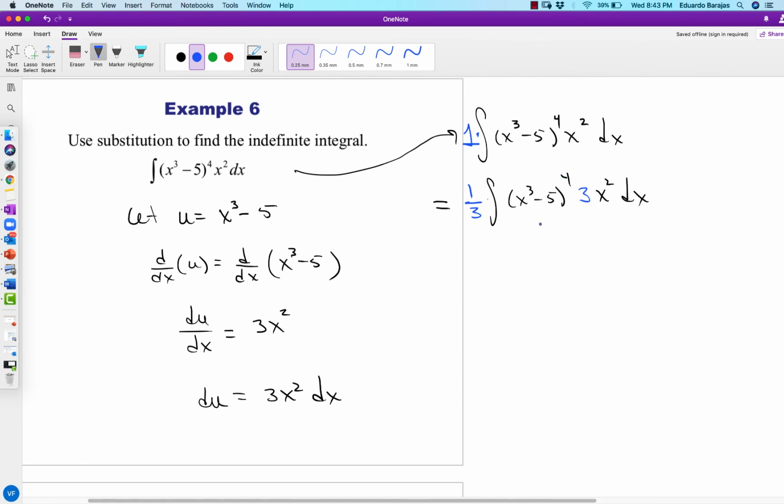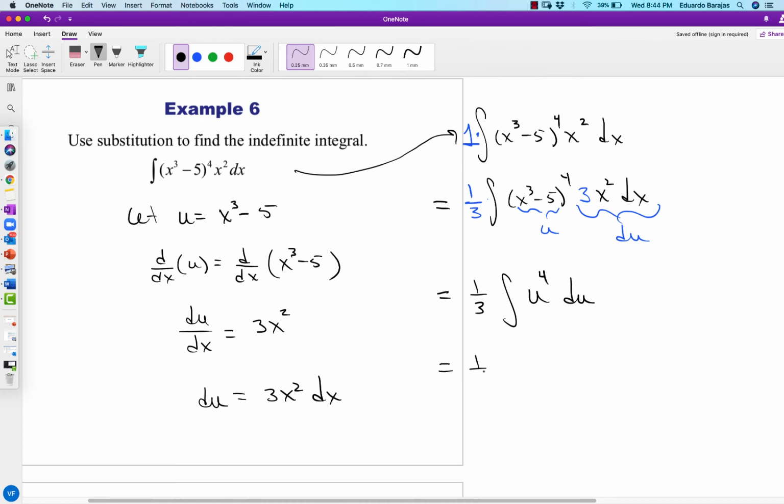Good? Okay, and the reason we do that is because now this is my u exactly, and this is my du exactly, including the constant. Good, so now we can say that this is equal to 1/3 integral of u to the 4th power du. And we know that this one's easy.